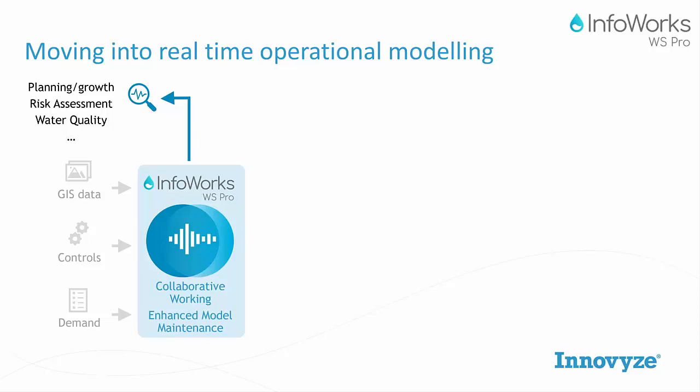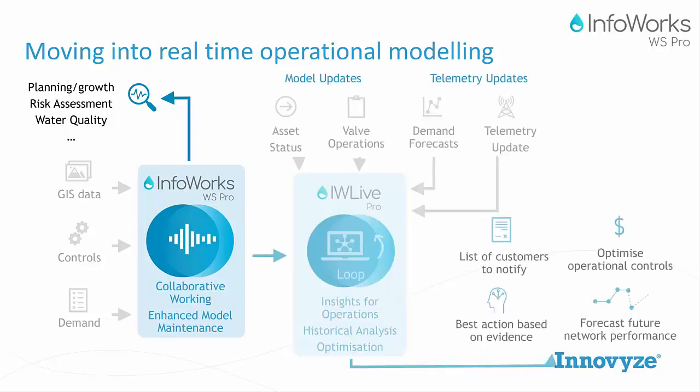But at any time, this can be developed into an operational modelling tool for an operator to make live decisions about the network, linking in telemetry data and demand forecasting to look at the consequence of events, to mitigate the effects on customers. And again, this will be a whole other session that we will discuss later in the series. But now, Lucy, over to you.